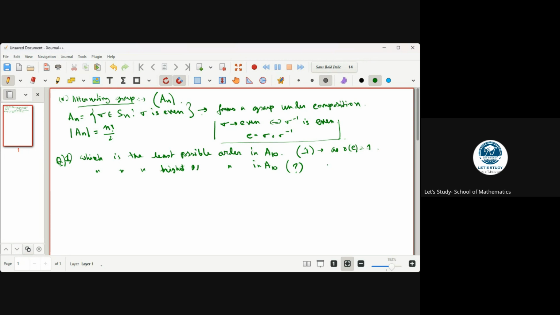So how? I mean, partition 7, 3. So 7 is an odd cycle, so it is an even permutation. 3 is an odd cycle, so it is an even permutation. So their total, even times even, is an even permutation. Okay, it belongs to A10.